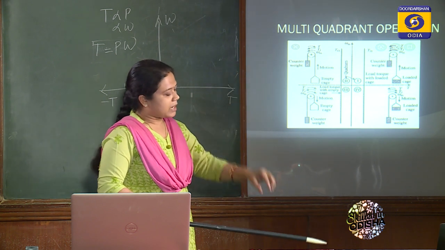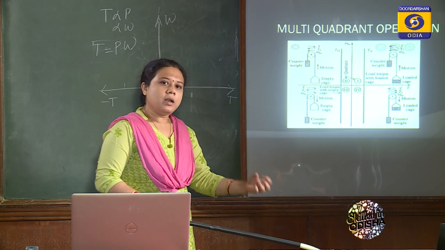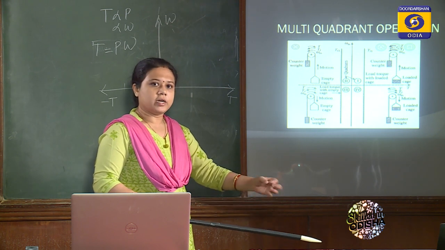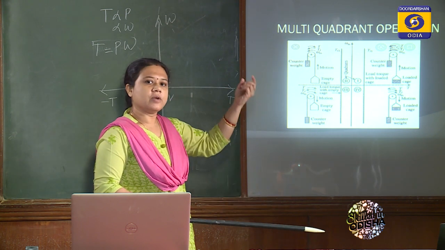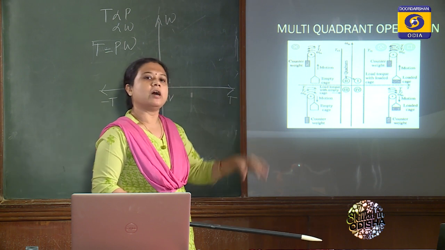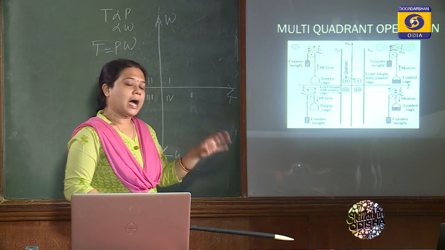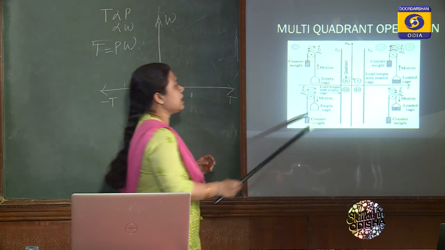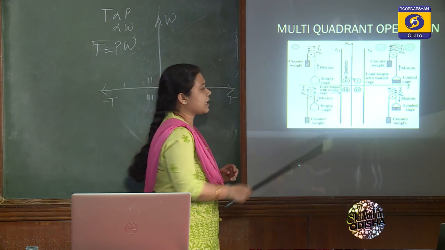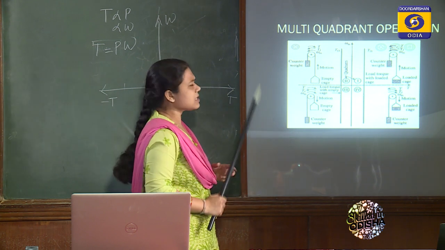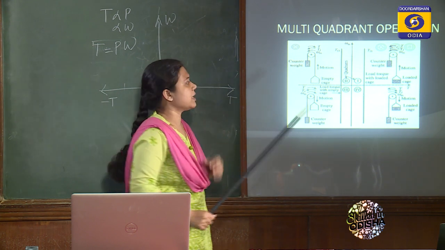Again it will move downward, and again it will take all the required weights, and again it will move up. So this is the up and down motion of the crane. According to that motion, how does it work? We can get it clear from this diagram. That is one example of multi-quadrant operation.